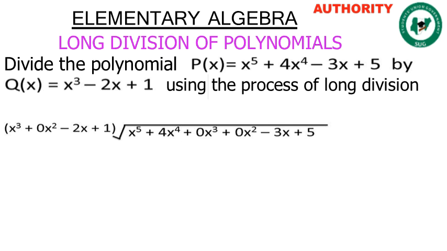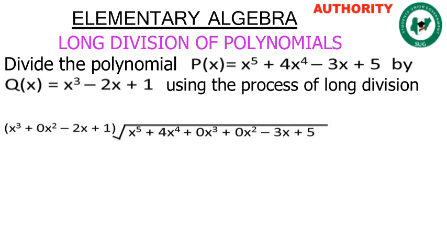Now let me show you what I'm trying to say. We have x raised to power 5 plus 4x raised to power 4 minus 3x. You discover that x raised to power 3 is not here, and then x raised to power 2 is not here. That means two terms are missing here.